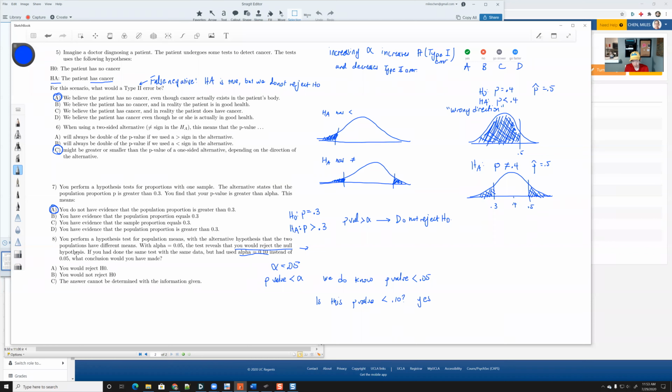Even though I don't know exactly what it is, I do know that my p-value is less than 0.05, and I can also say it's definitely less than 10%. If alpha is 1%, then the answer is we don't know. Is this same p-value less than 0.01? The answer is we do not know.